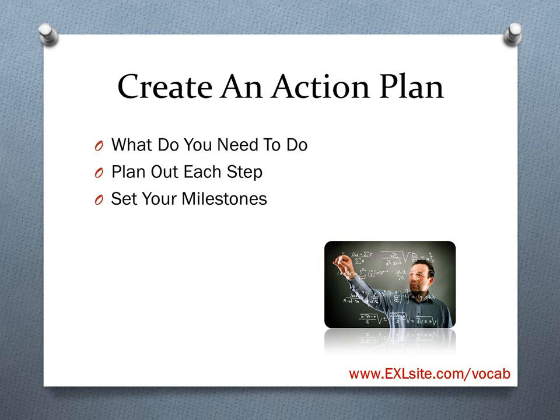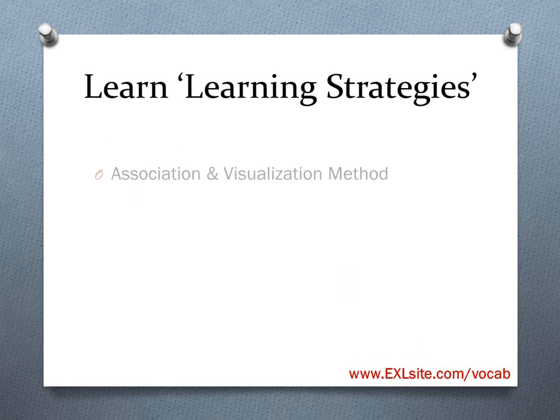So plan out each step of the process, and then when you've completed that list of action steps that you need to take, you can set your milestones, set your short, mid, and long-term goals.